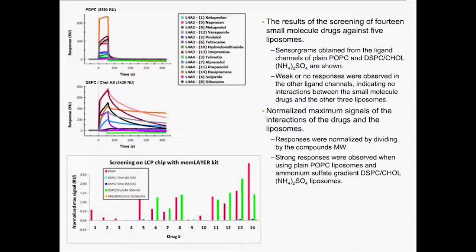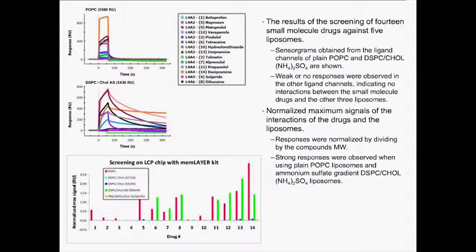And this slide illustrates the result of the interaction analysis. And as listed here, you see the different small molecule drugs and different liposomes. They have diversified interaction affinities. And also the dissociation shows you the retention of the small molecule drugs in the liposome.